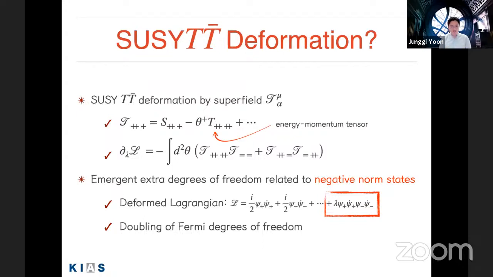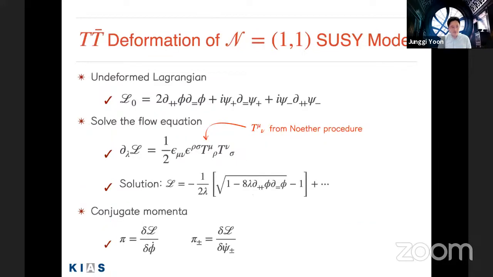Yes, it is possible. There exists a supersymmetric TT-bar deformation by the superfield which includes the energy-momentum tensor. However, this deformation also has some emergent extra degree of freedom, which has negative norm. So I will not discuss this model today.